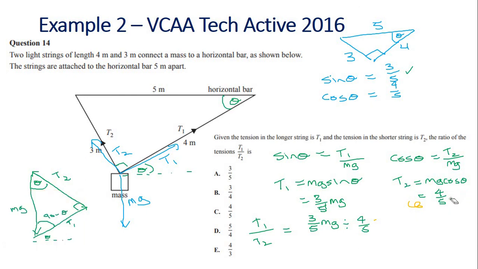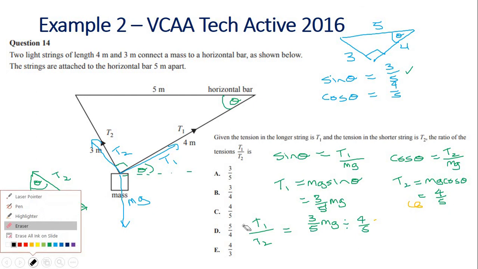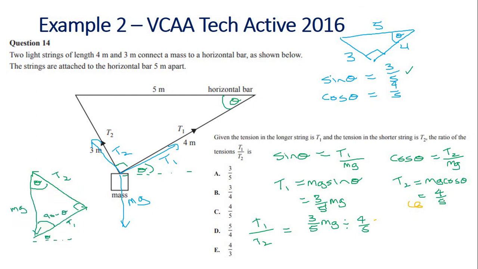That needs to be mg as well, doesn't it? Okay. So 4 over 5 mg. mg divided by mg will cancel out. I've got 3 over 5 times 5 over 4. My 5's will cancel out, and I will end up with an answer of 3/4, which is our option B.